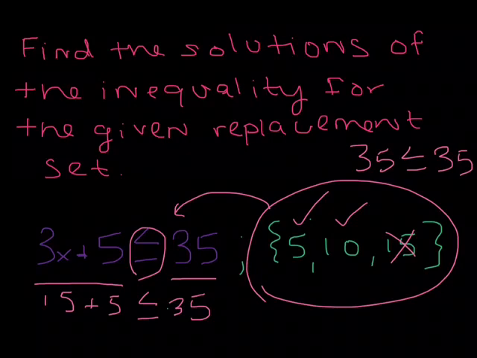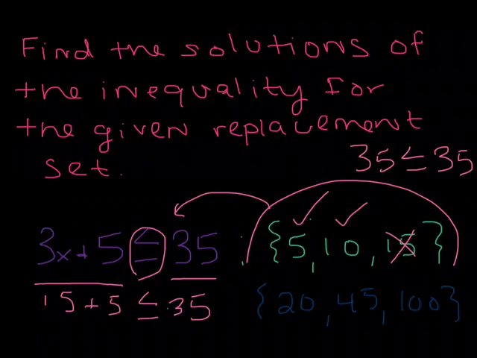Like if you were given, perhaps, something like 20, 45, and 100, none of these values would work. And since none of those values would work, you would write no solution because there isn't a solution that satisfies that inequality.